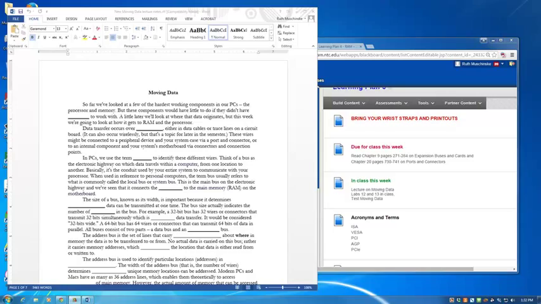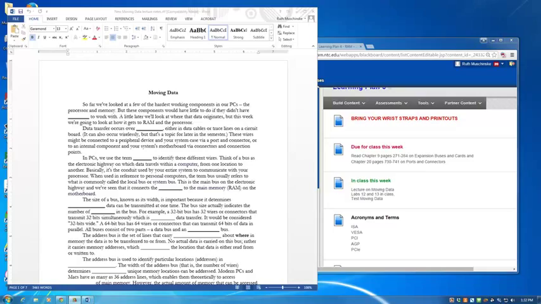Data transfer occurs over wires, either in data cables or trace lines on a circuit board. It can also occur wirelessly, but that's a topic for later. These wires might be connected to a peripheral device and your system case via a port and connector, or to an internal component and your system's motherboard via connectors and connection points.